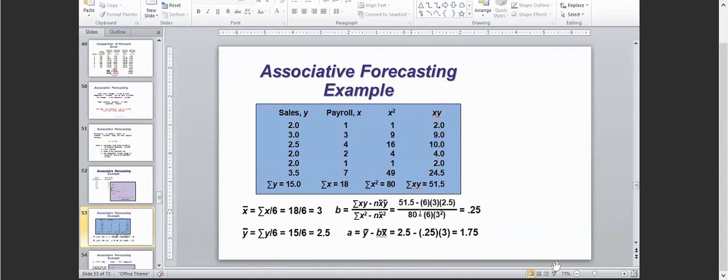So we have 80 minus n, 6, multiplied with x bar square here, x bar 3 multiplied with 3. So the b value here will be 0.25.